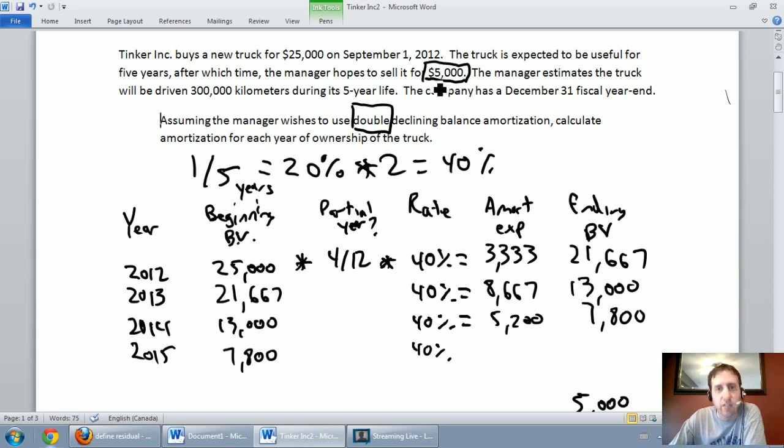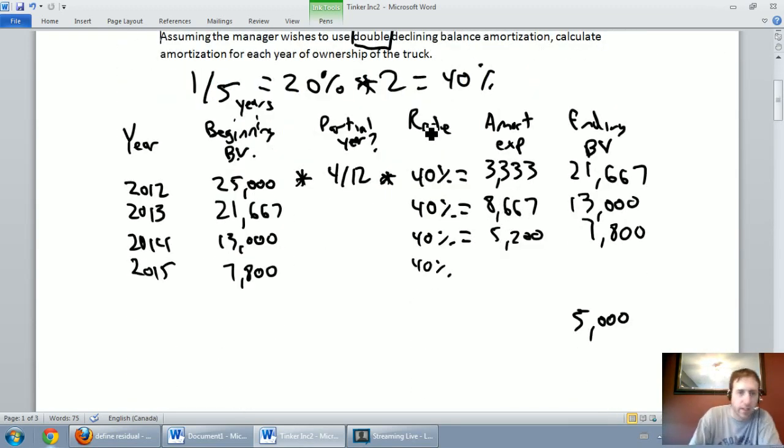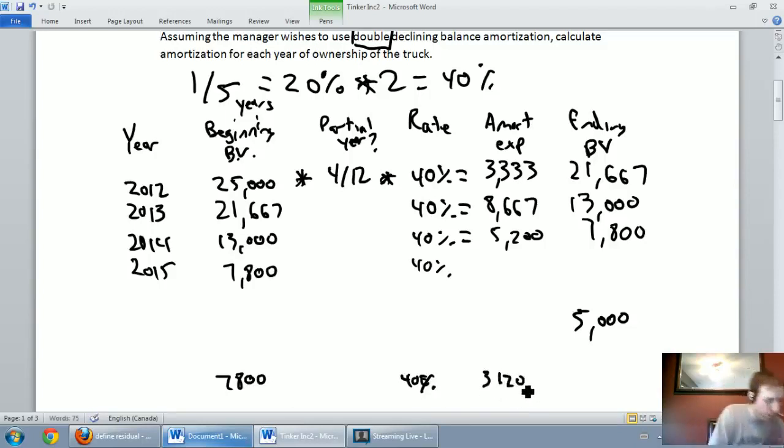This asset has to remain at $5,000, and if I amortize this for 40%, which was 3,120, 7,800 minus 3,120 is going to take me below $5,000. So again, if I had done this, I'll maybe just squeeze it in here at the bottom of the page because we're not going to do it. I would go 7,800, 40%, and get 3,120, and of course 7,800 minus 3,120 is 4,680.